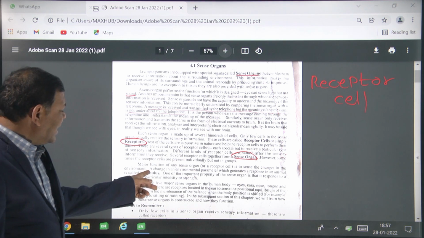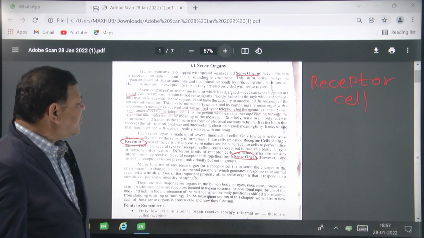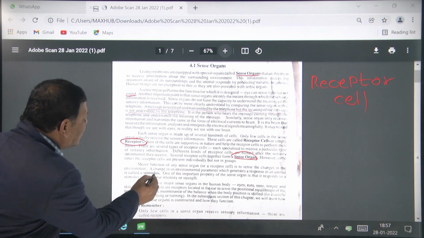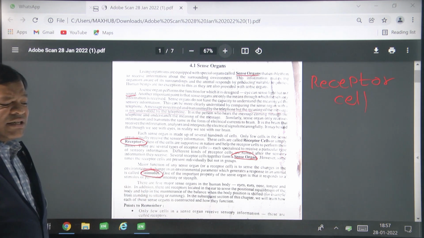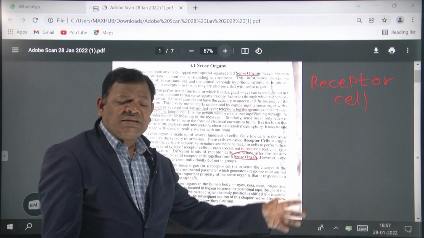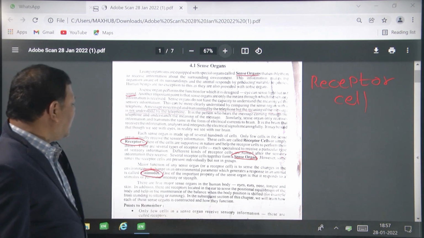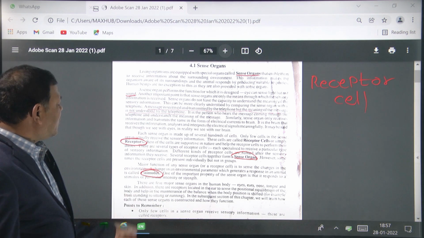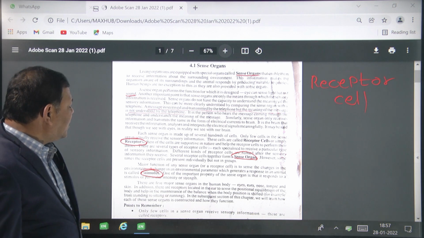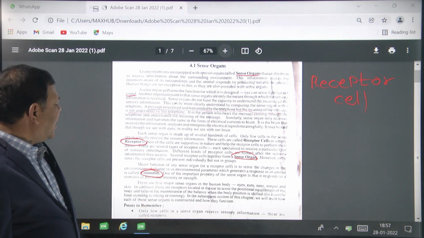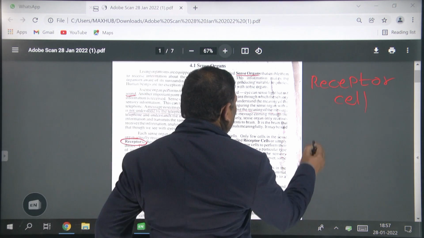A change in an environmental parameter which generates a response in an animal is called a stimulus. With the help of the stimulus, we identify the change. One important property of a sense organ is that it responds to a stimulus of a particular intensity or strength. There are 5 major sense organs in the human body.